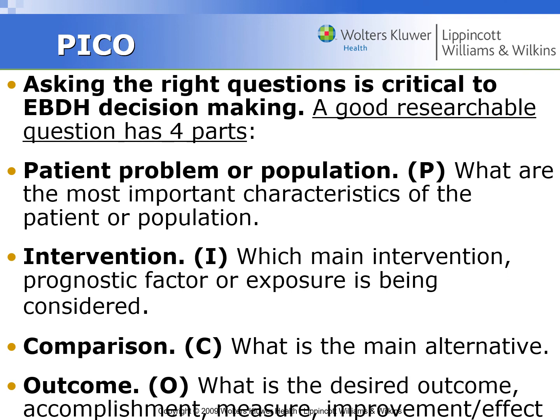The I stands for intervention. Which main intervention or prognostic factor or exposure is being considered? C in PICO is for comparison. What is the main alternative? O is outcome.